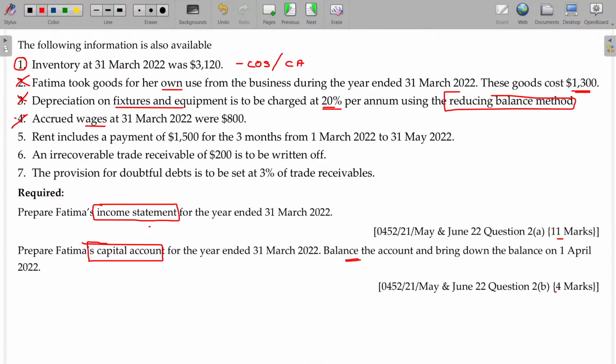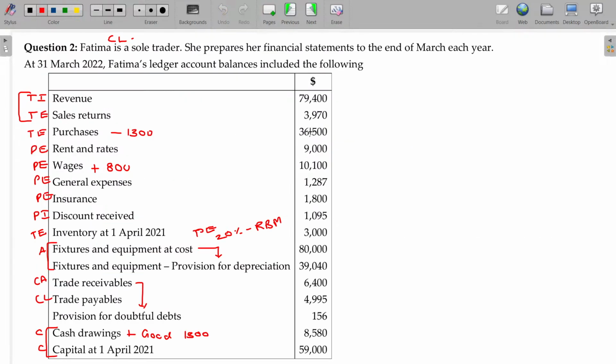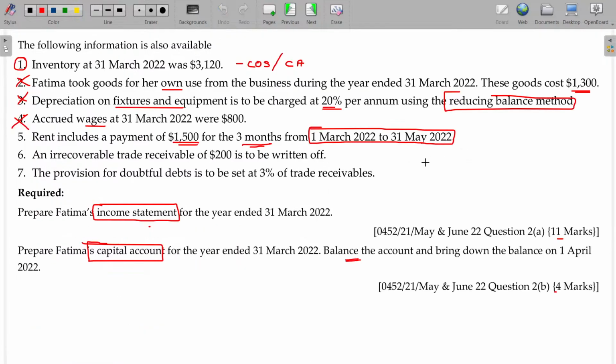And rent included a payment of rupees 1500 for the 3 months from 1st March 2022 to 31st May 2022. What is the year end for us? 31st March 2022 is the year end. So this rent belongs to 1st March 22 to 31st May 22, but we have to prepare up to 31st March 22 only. For this entire period, the overall rent payment is 1500.